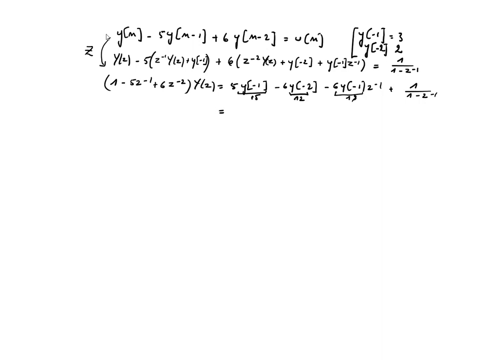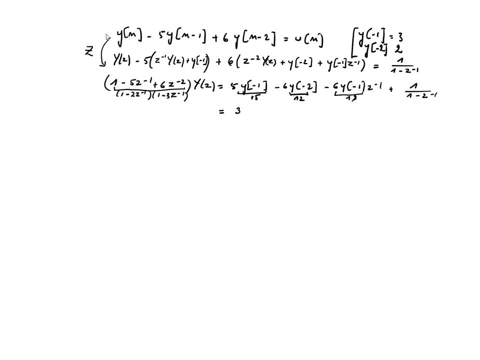Right, so this one we can factor in 1 minus 2 z minus 1 and 1 minus 3 z minus 1. And then you have to check, of course, and this seems to be okay. Right, so please, whenever you factor, check that everything is correct.